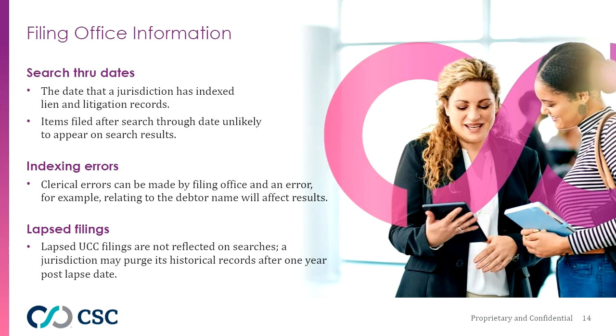As I take a look at it right now in the current context of the pandemic and people working from home, you would have to think that more clerical errors are made as people are working remotely. Not all states allow state employees to do so, but it's just something that I wonder moving forward in the years ahead, if we're going to see an increase in clerical errors being made.